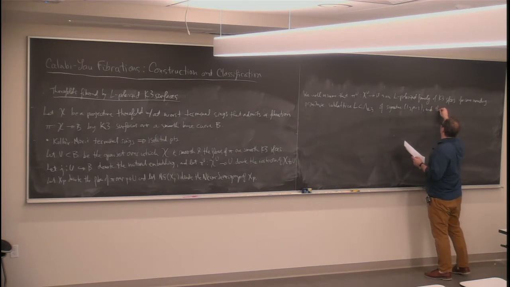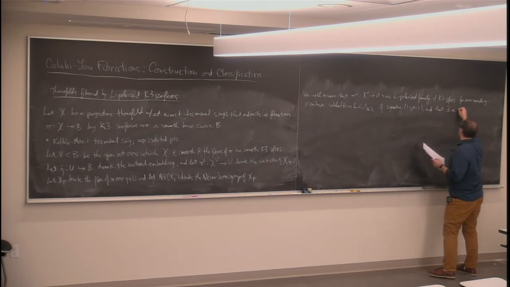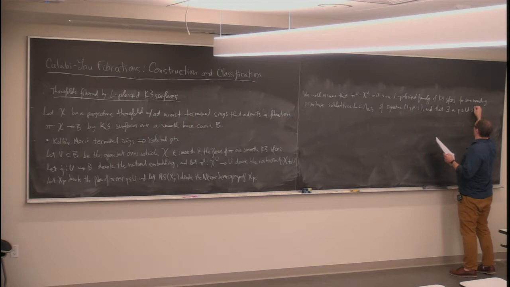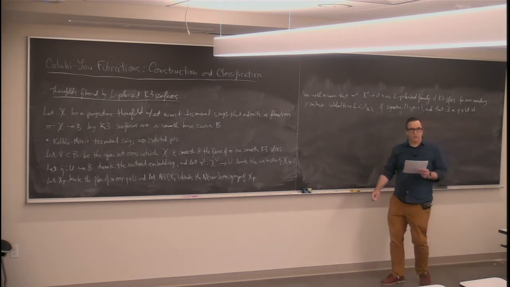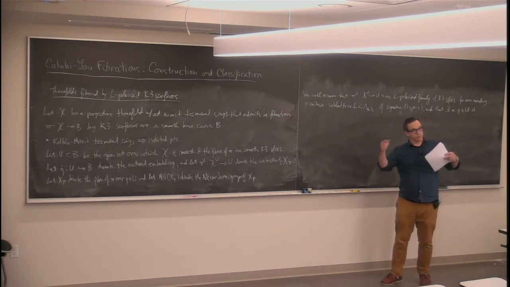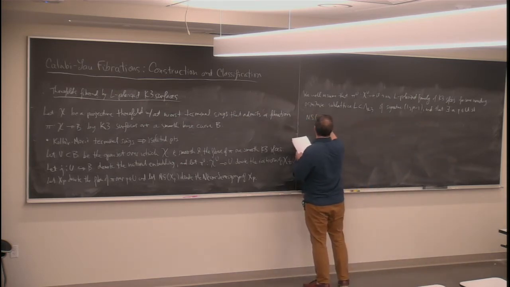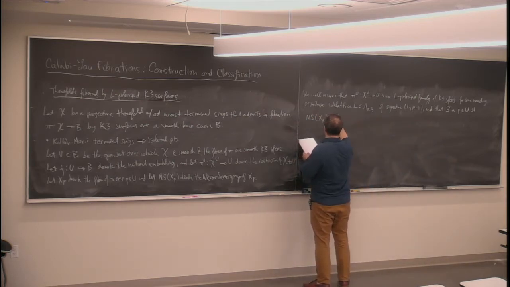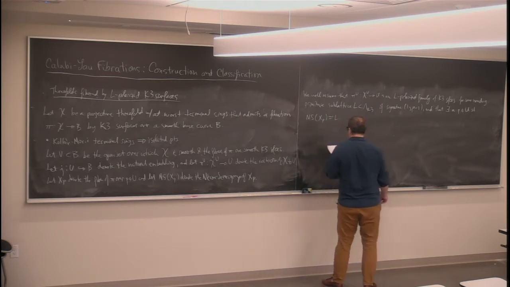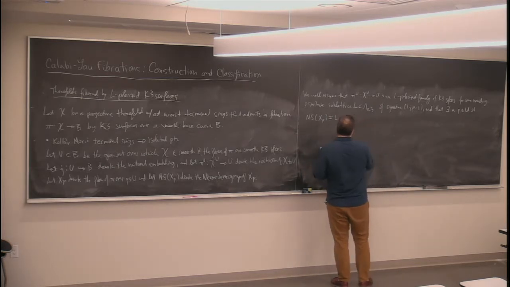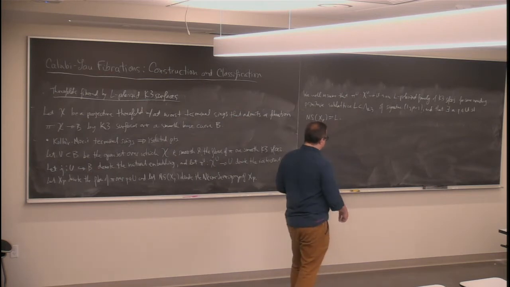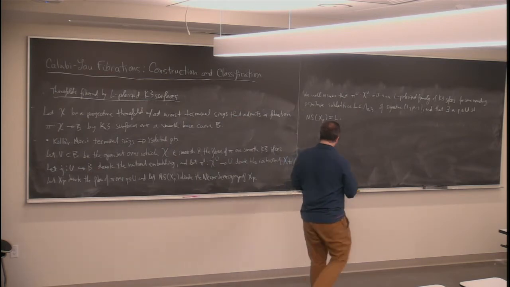And also that there exists a P in U such that L is actually realized as the Néron-Severi group, such that Néron-Severi of X_P is isomorphic to L. Okay? And if I refer to L perp in this context, I mean the perp in the K3 lattice.